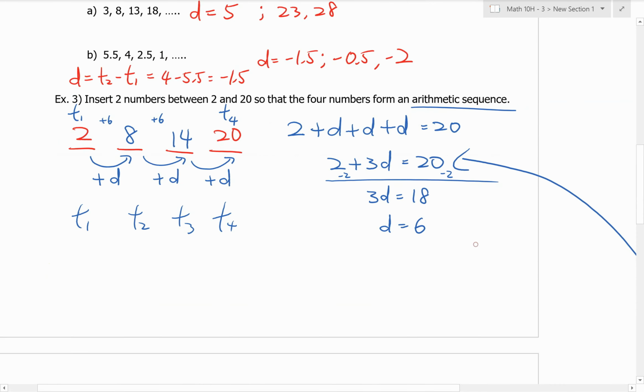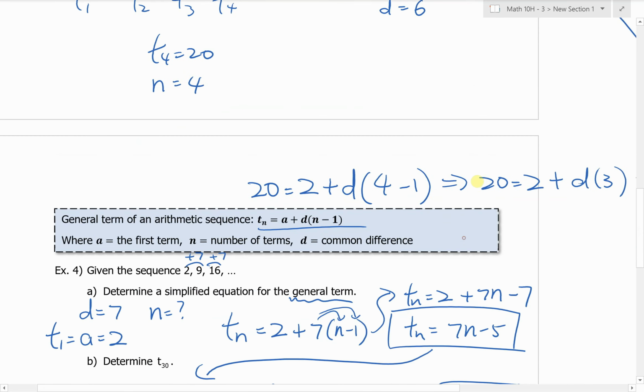Like for this example here, this 20 is T4. So there are 4 terms. T4, in this case, is 20, and n would be 4, because there are 4 terms in the sequence, and Tn, in this case T4, would be 20, and that's the value. Tn is like a placeholder.